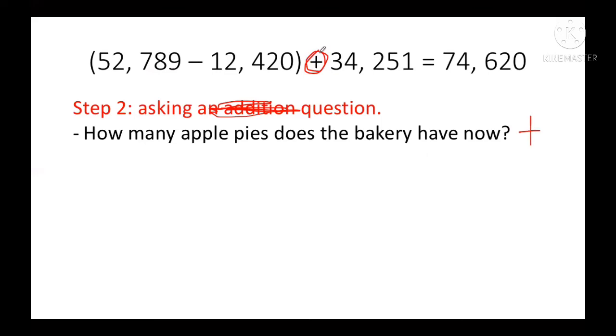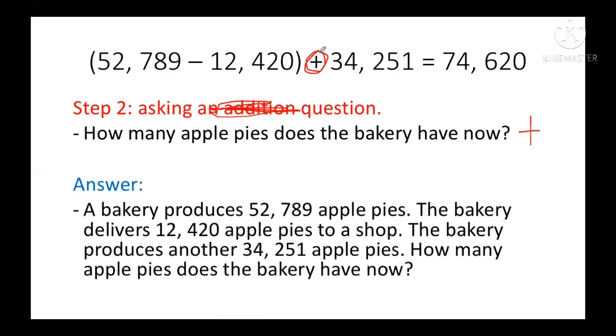So how can the question look like? Are you ready? Again, we need to put together all the details that we did in step one and step two. So here you go: a bakery produces.